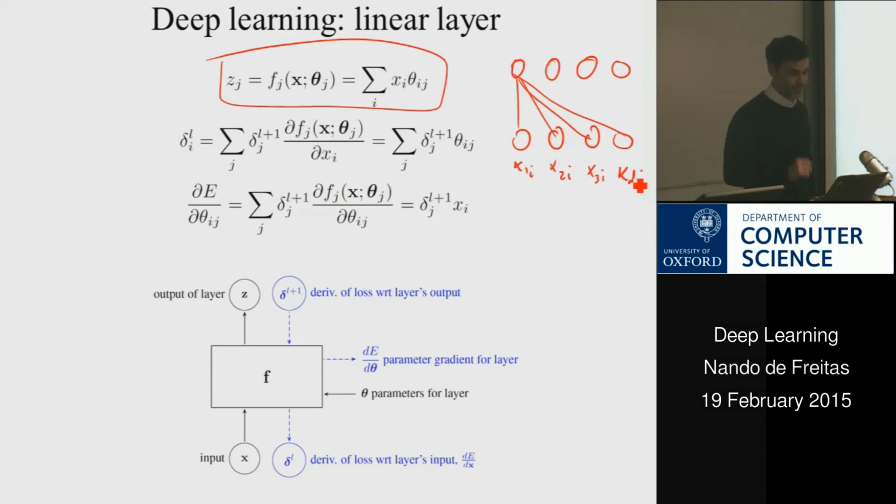So if you have d inputs, i is the sample, each data case. And then you multiply that times parameters theta 1,1, theta 1,2, and that gives you z1. And then you would have here z2, and so on.